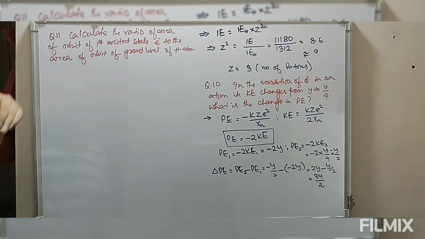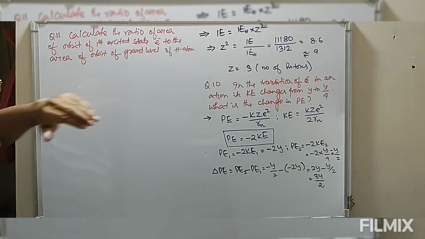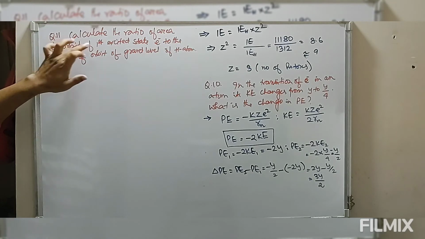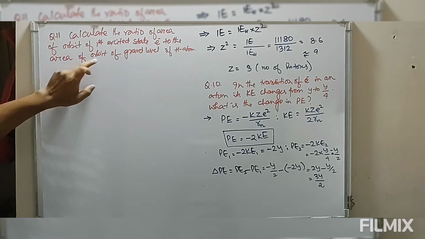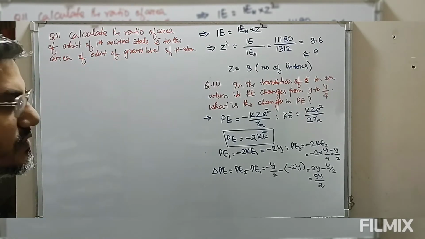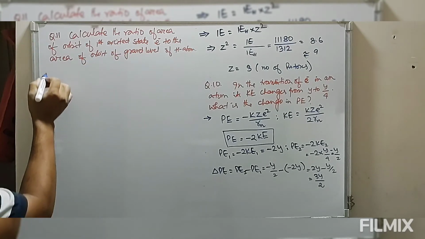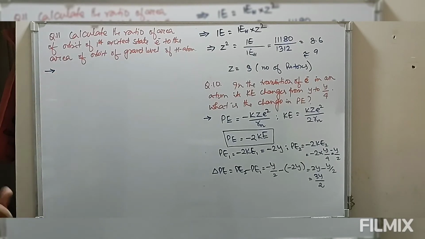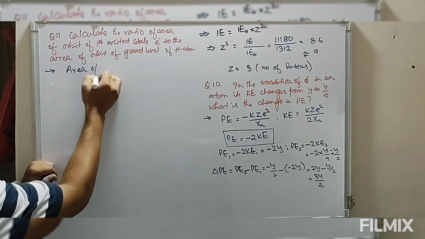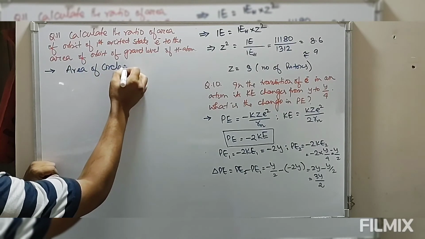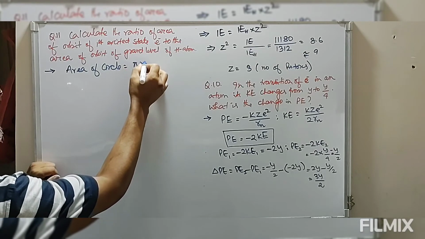Next, this problem says calculate the ratio of the area of the orbit of the first excited state of the electron to the area of the orbit of the ground level of the hydrogen atom. Now, the orbit is considered to be circular. So for a circle, the area is pi r square.